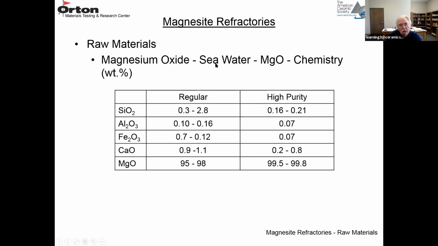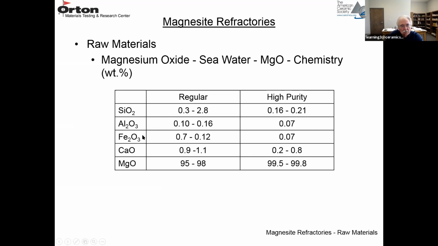So the magnesium oxide that comes from seawater is a relatively high purity. There's a regular grade and a high purity grade. So the regular grade is 95 to 98% MgO, and the high purity is 99.5 to 99.8. So it's very high purity.